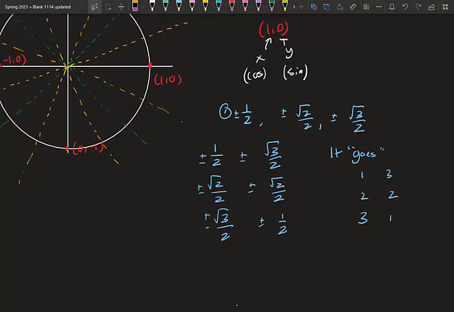And this right here is for the upper half. So that pattern is the upper half of the coordinate plane.